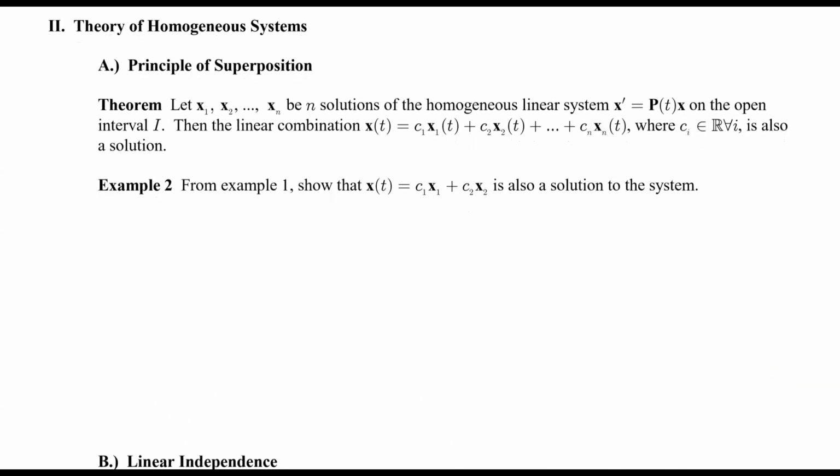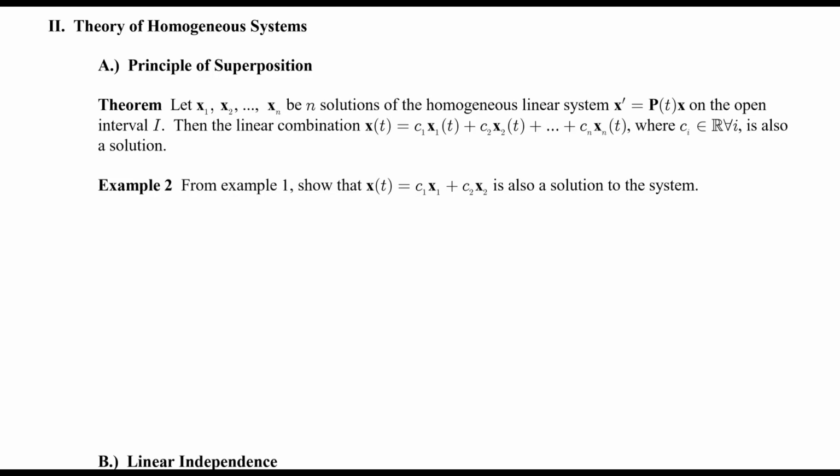Now, let's take what we know from section 2.2 about superposition and linear independence and apply this to systems of differential equations. Part 2, theory of homogeneous systems. A, principle of superposition.